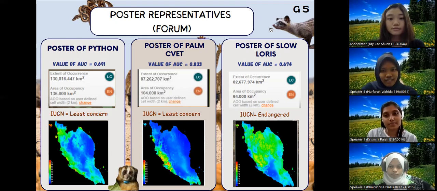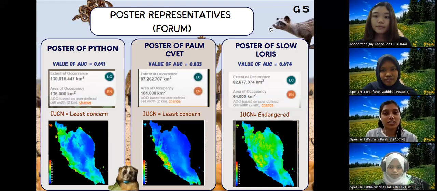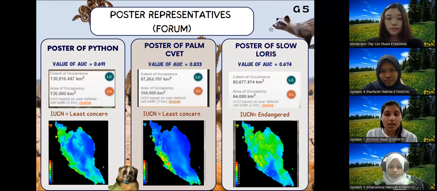I see, but how about the ENM and AUC? What do they mean? Okay, ecological niche model, known as ENM, is a class of methods that use occurrence data in conjunction with environmental data to make a correlative model of the environmental conditions that meet a species' ecological requirements and predict the relative suitability of habitat.